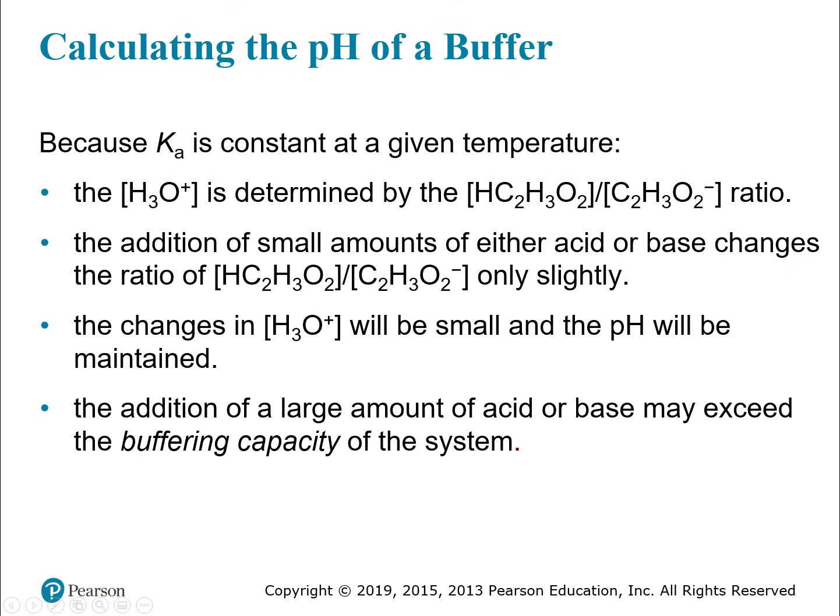When you add a little bit of acid or base, it only changes that ratio very slightly. So that means that your concentration overall of hydronium is going to be pretty small, and your pH is going to be pretty much the same.